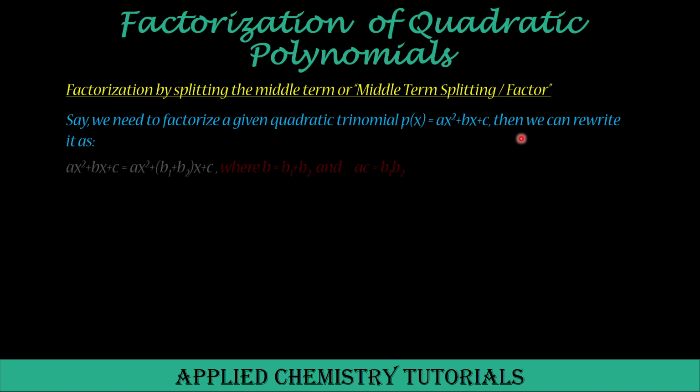Then we can rewrite it as ax squared plus (b1 plus b2) multiplied by x plus c, where we can see that b is split into b1 plus b2, and it should be in such a way that a multiplied by c equals b1 multiplied by b2.